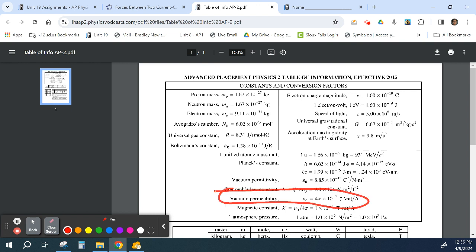It's 4 pi times 10 to the negative 7th, right? Okay. So it's not a very big number that we're searching for here, okay? So in the lab, we ask you to create a graph with your 5 or 6 data points and then try to do a best fit line, do the slope thing again, like we've done many times, to see about getting this value, which is called vacuum permeability, excuse me. Not vacuum permittivity, but vacuum permeability.